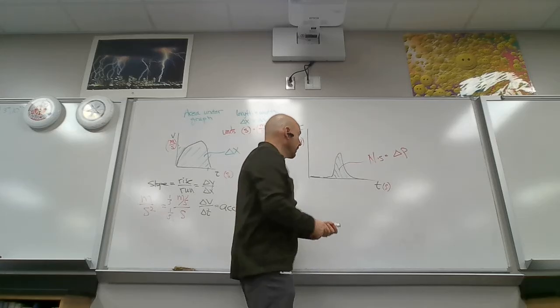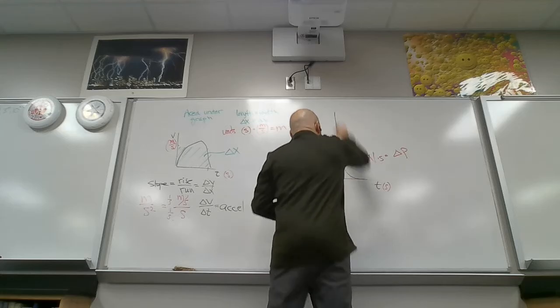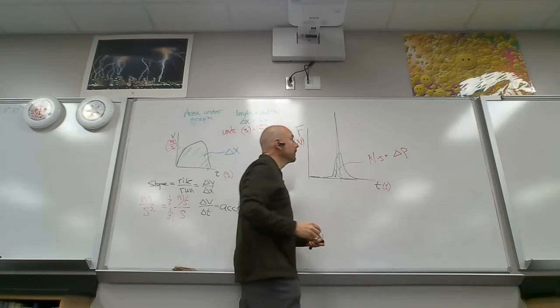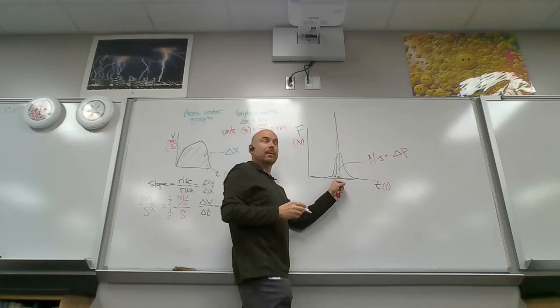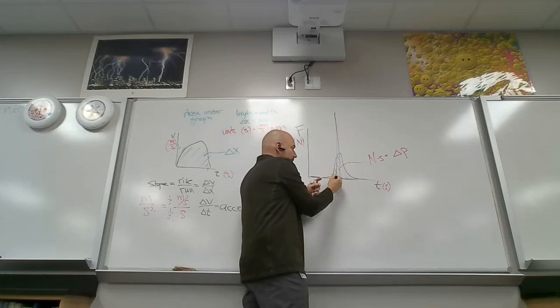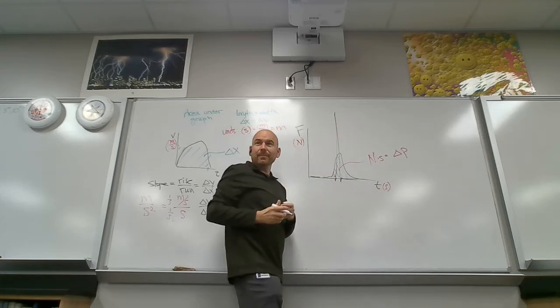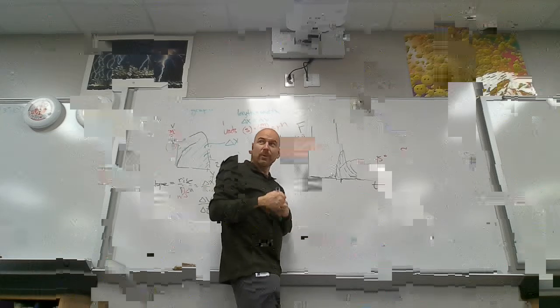Now, if your graph looked like this, it has the same area, but you changed your momentum in a very small amount of time. What you were going for was a graph that looked like this.